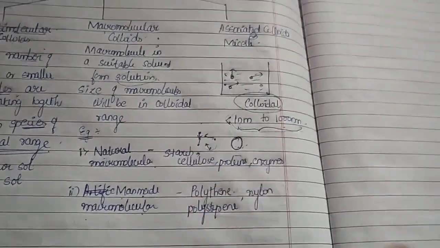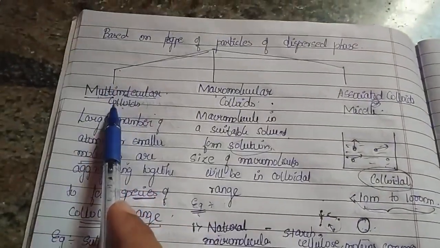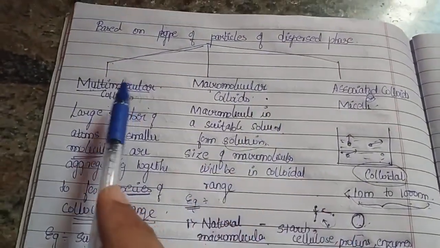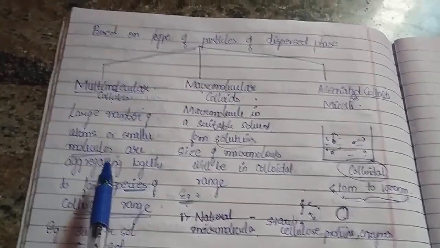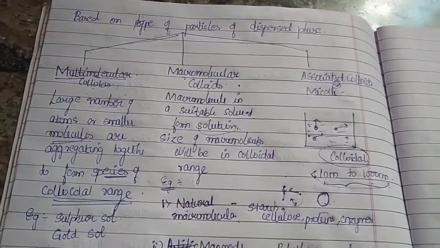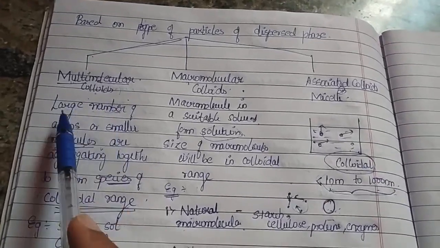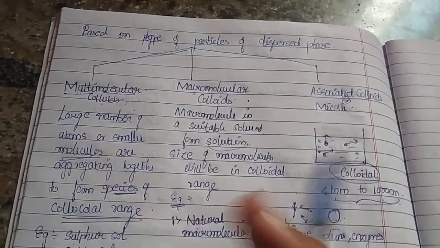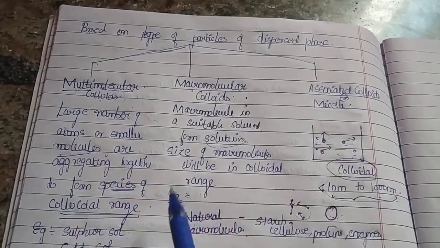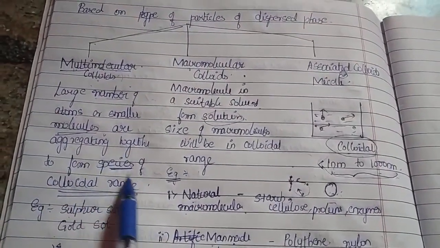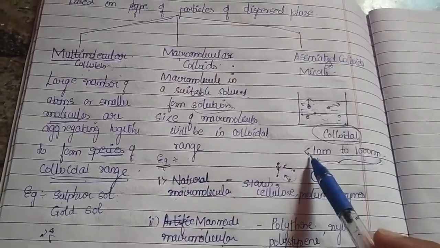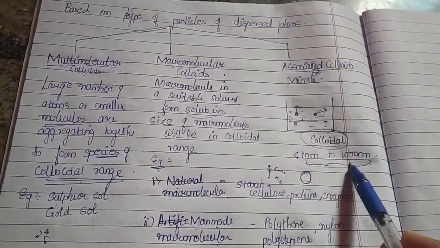So what is the main difference between multimolecular and macromolecular? In multimolecular, when the substances are dissolved in a suitable solvent, the smaller atoms or smaller molecules aggregate to form a species with dimensions in the colloidal range, that is, 1 nanometer to 1000 nanometer.